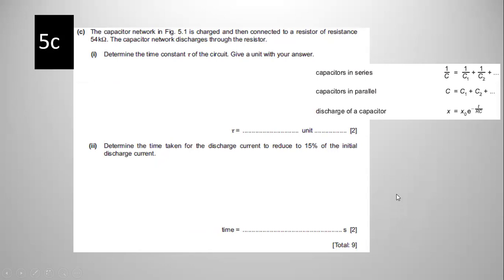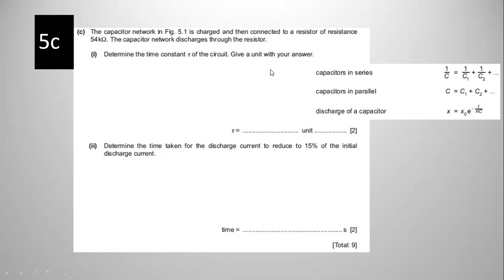The capacitor network in figure 5.1 is charged and then connected to a resistor of resistance 54 kilo ohm. The capacitor network is discharged through the resistor. Determine the time constant of the circuit. Give the unit for your answer.